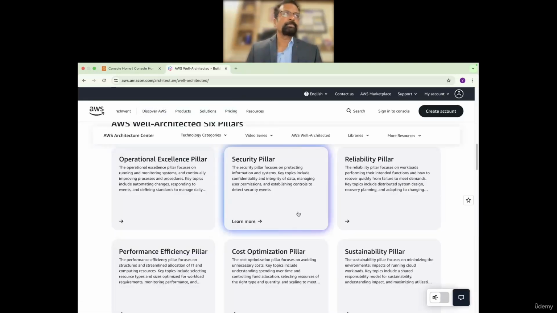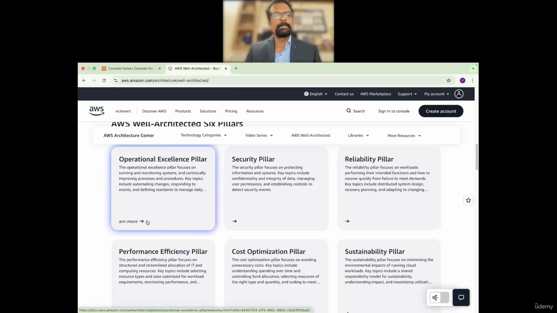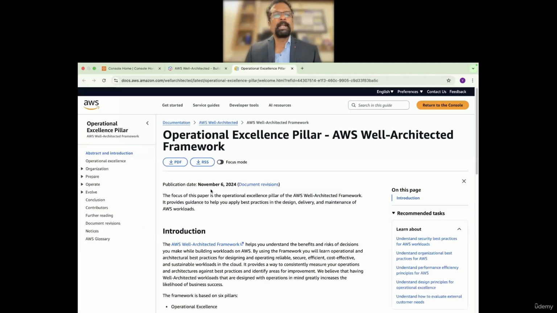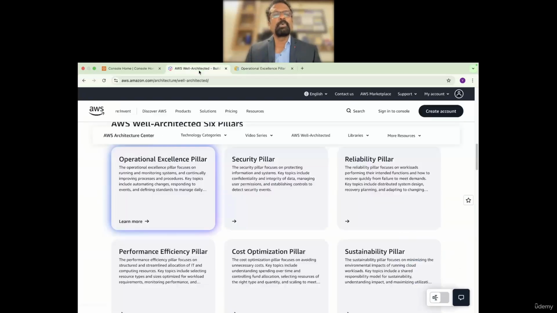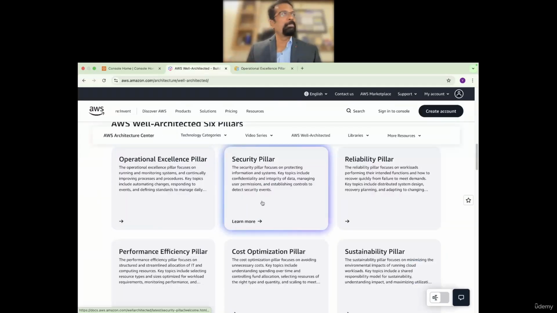So imagine the first concept when you come to the Well-Architected Framework is theoretically understanding the six pillars. Irrespective of what your background is, if you download each of these pillars as a PDF document, for example, I'm just showing you one, you'll see that there is a 1,000 page set of documents, 200, 250 each into six.